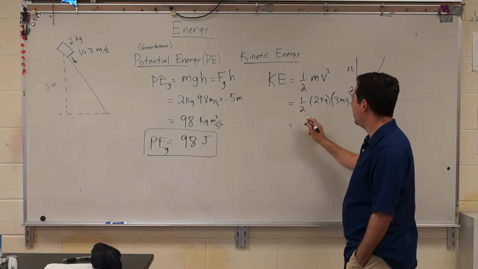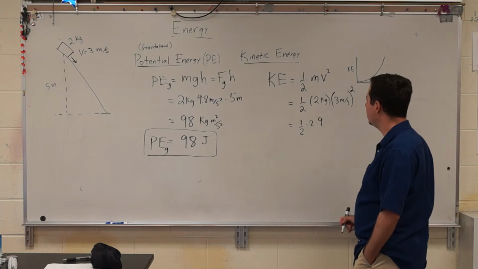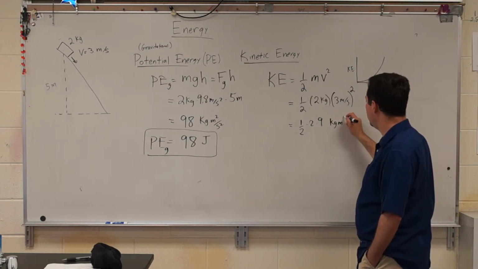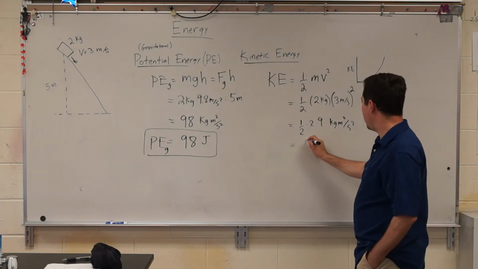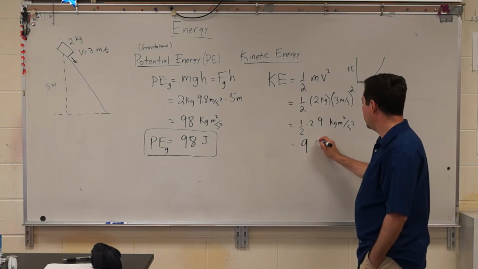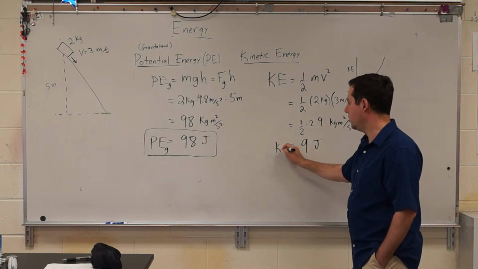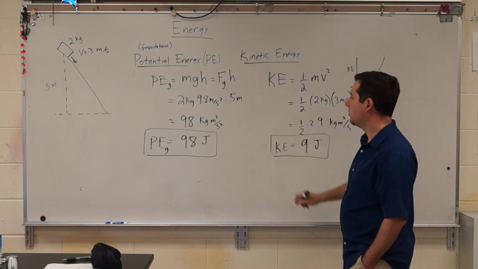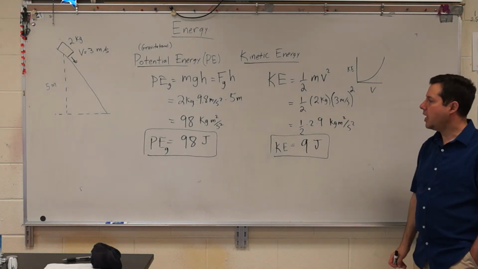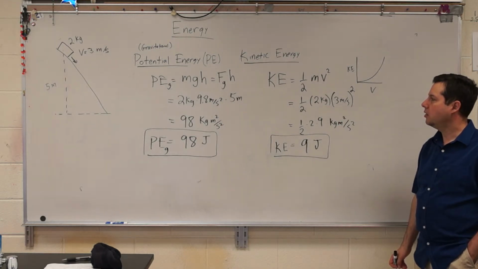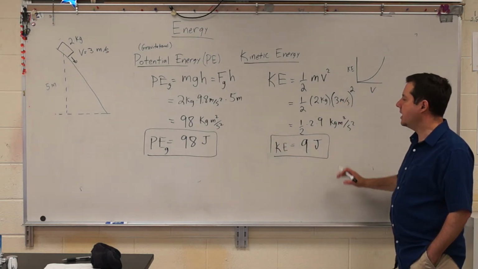So you end up getting 1/2 times 2 times 9 kilogram meters squared per second squared. 1/2 of 2 is just 1, so you have a total kinetic energy of 9 kilogram meters squared per second squared, which is the same as a joule, 9 joules of kinetic energy. So you can see that this particular object has a lot more stored energy in the form of potential than it does kinetic energy.